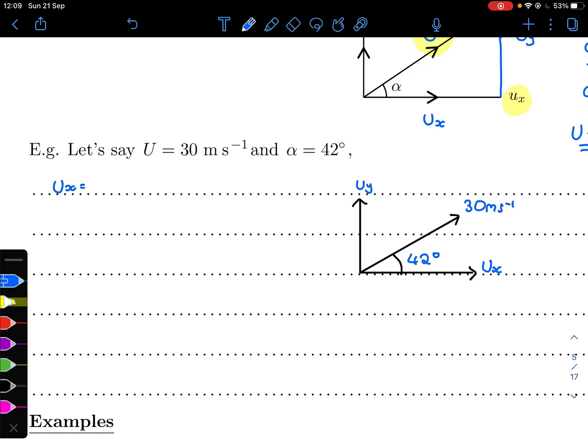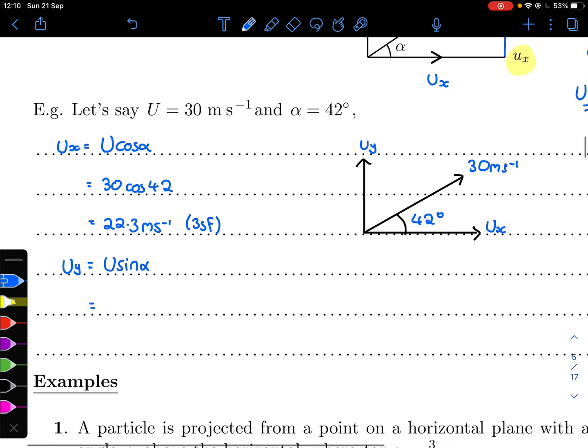So horizontal is just capital U cos alpha, so that's 30 cos 42, which is approximately 22.3 meters per second. That's if we rounded it. And then the vertical is capital U sine alpha, so that's 30 sine 42. Putting that in my calculator gives me 20.1 meters per second. Again, approximately.